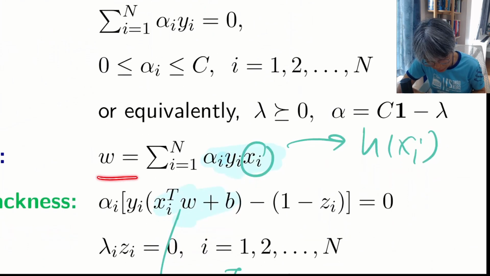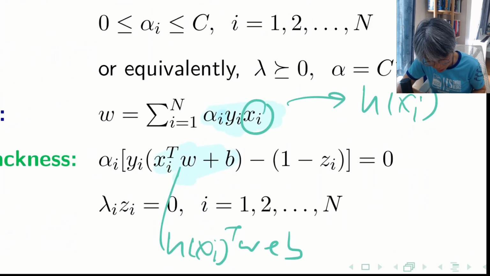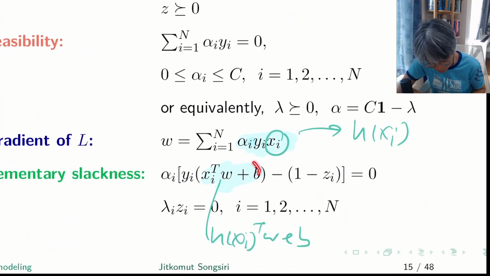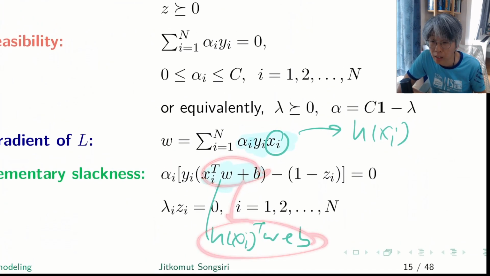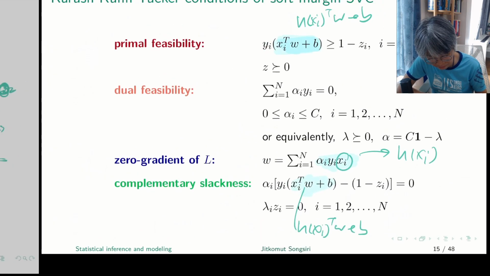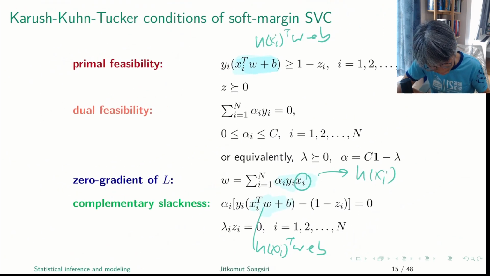The term w, the weighted sum of yi xi, will be replaced by h of xi. The complementary slackness will also be replaced by a nonlinear function in xi.